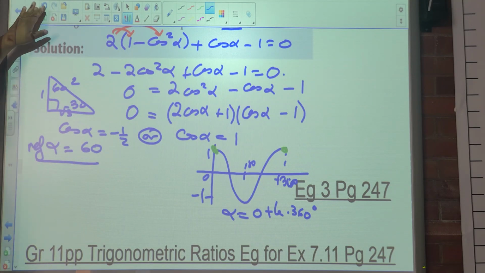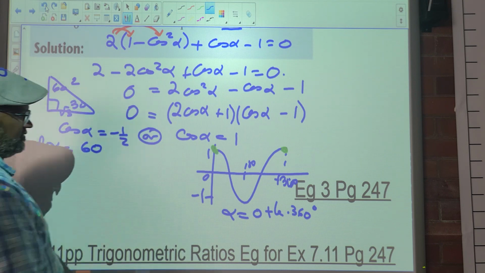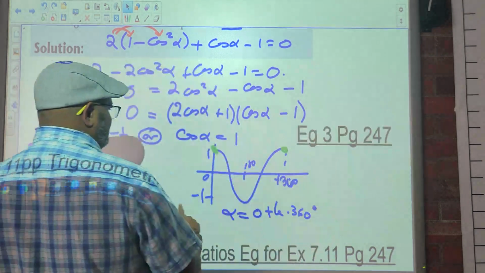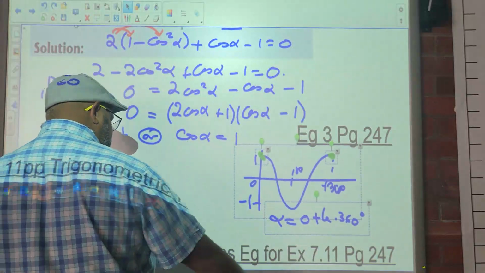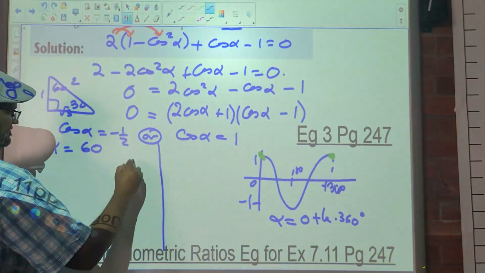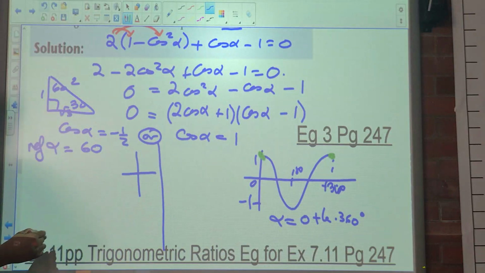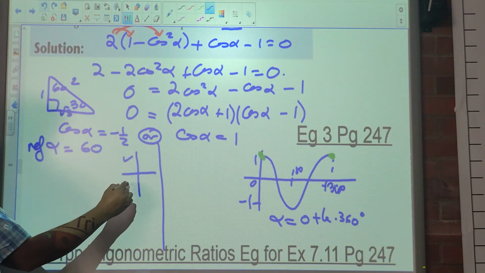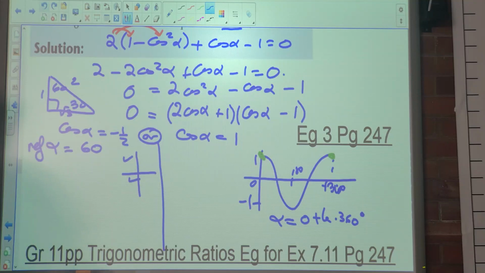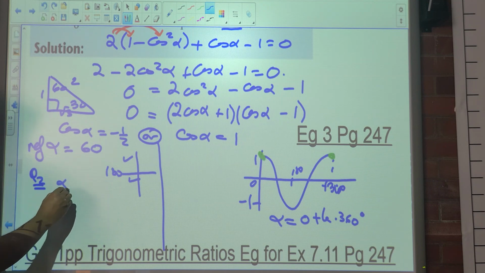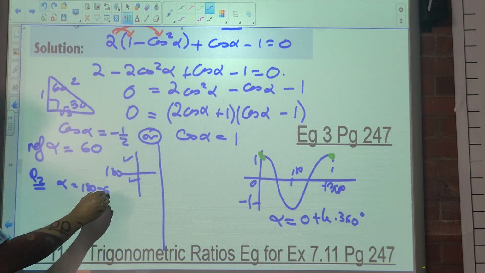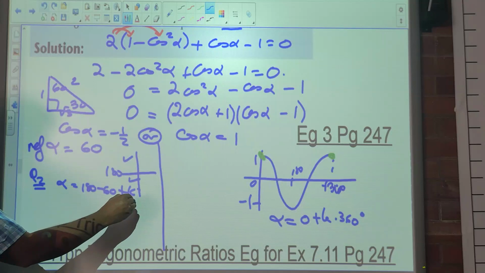Okay. So which question comes to mind? Which question should come to mind, people? Which quadrant? It's cos negative, and in which quadrants is cos negative? Quadrant 2 and 3. How do we get quadrant 2? 180 minus 60. So alpha is equal to 180 minus 60 plus k times 360.